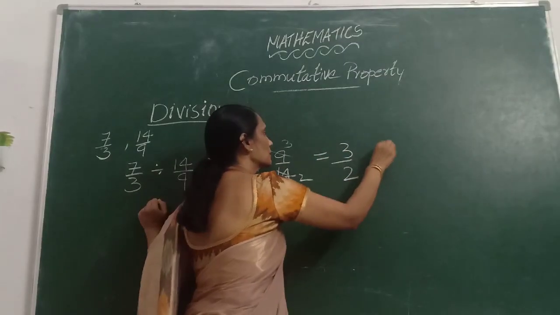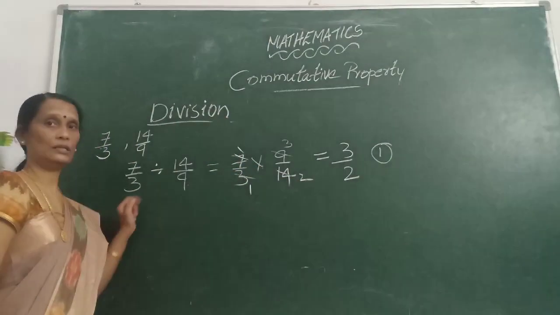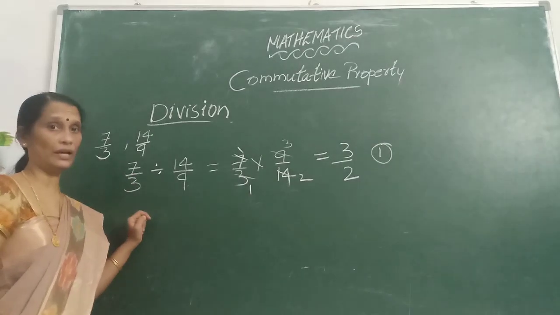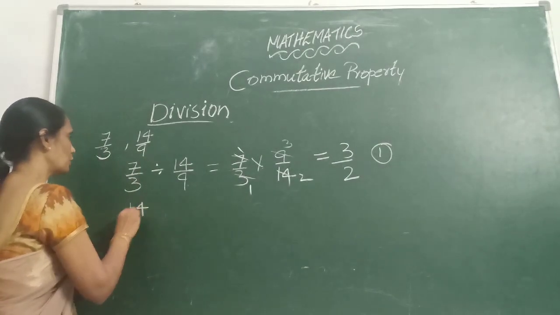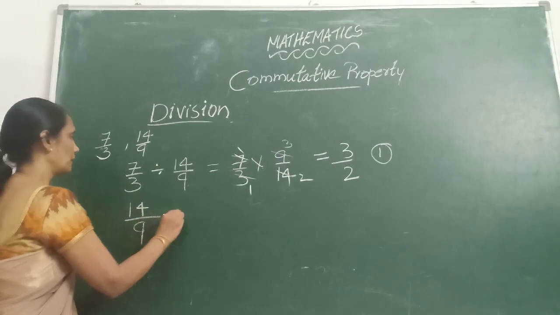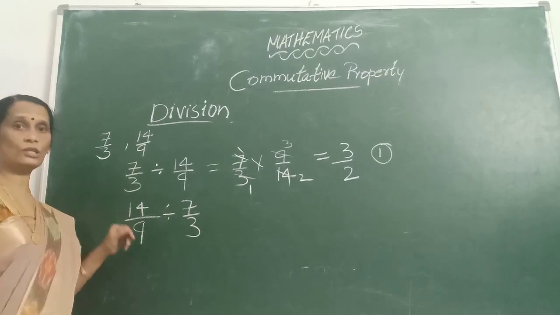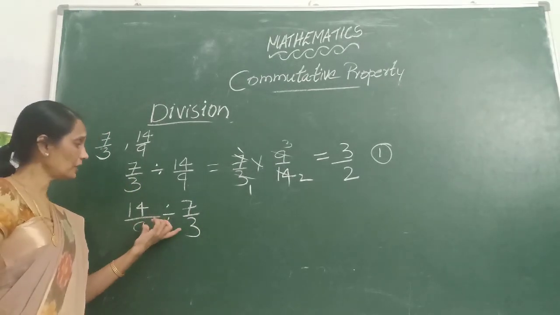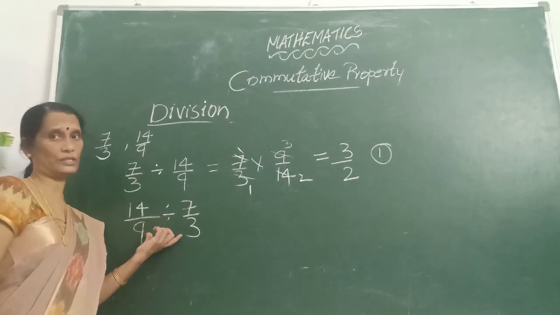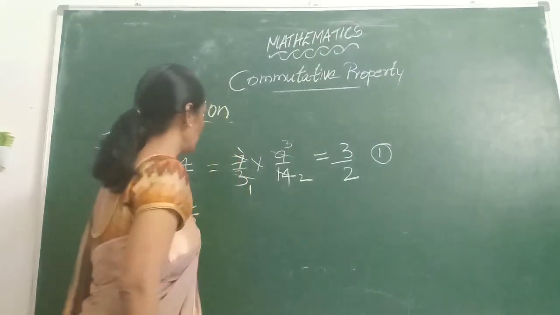We got 3 by 2 as the answer for 7 by 3 divided by 14 by 9. Now let us take the next case. Change the order: 14 by 9 divided by 7 by 3. We reversed the order. So if the commutative property is satisfied, the result of this also should be 3 by 2. Let us check it.